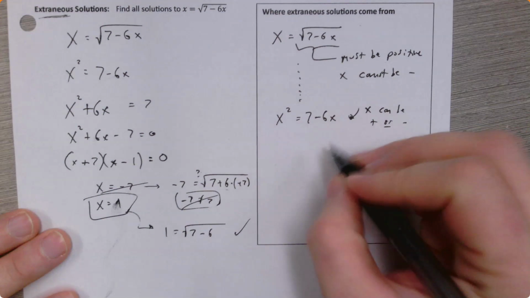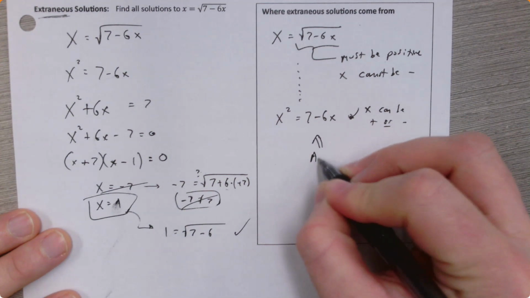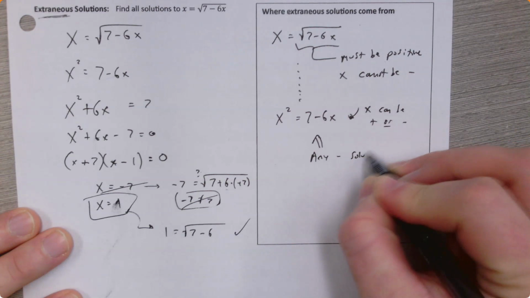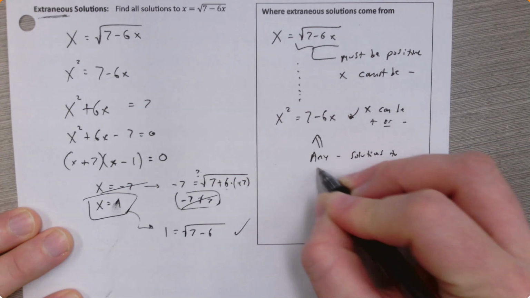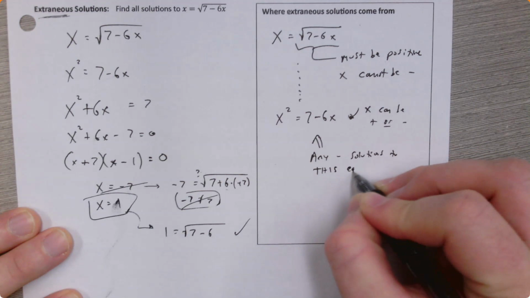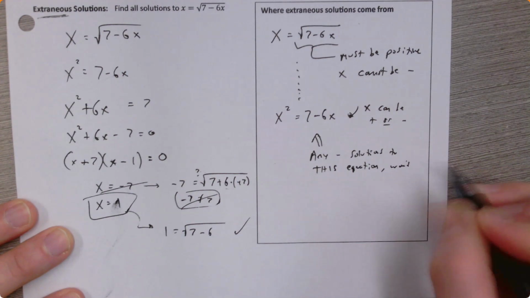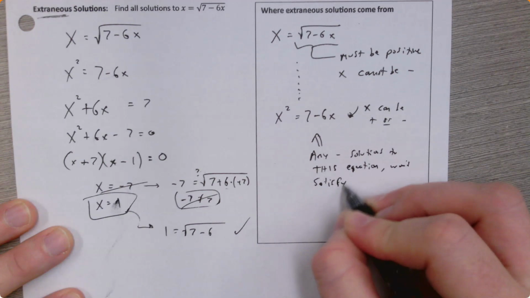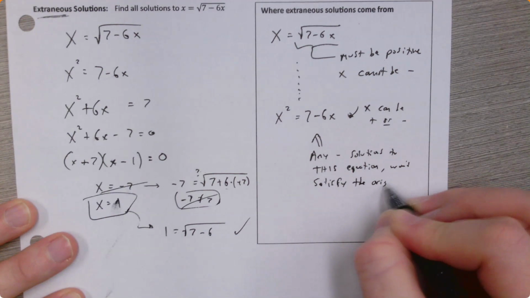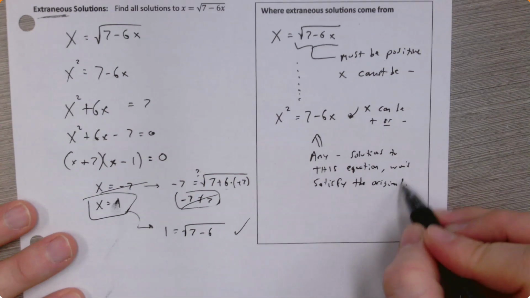So what that means is that any negative solutions to this equation won't work if you plug them into the original equation. So won't satisfy the original. And that's where the extraneous solutions come from.